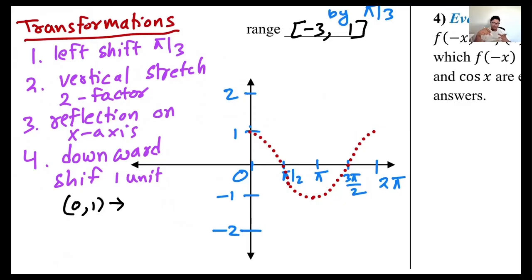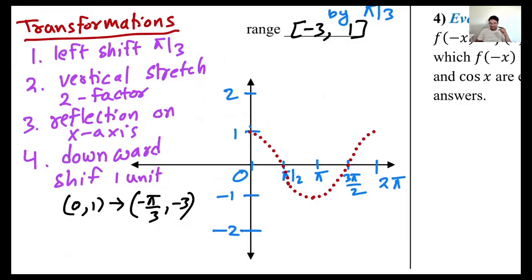You reflect. So it will become -2 and 1 unit down. I know I did mental work here. I will repeat. I will go through this sequence of those 4 transformations that I have written on the left. (0, 1) left shift will make it (-pi/3, 1). Vertical stretch by 2 will make it (-pi/3, 2).